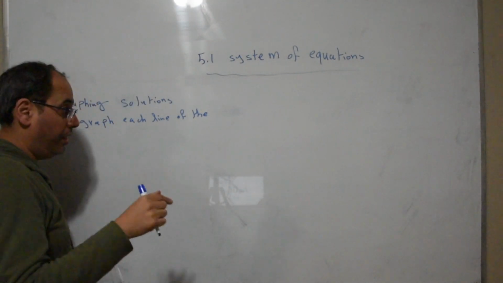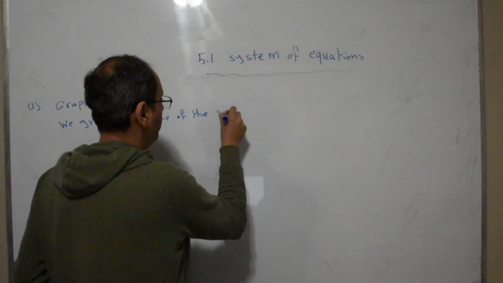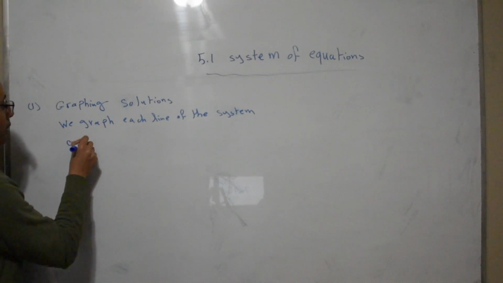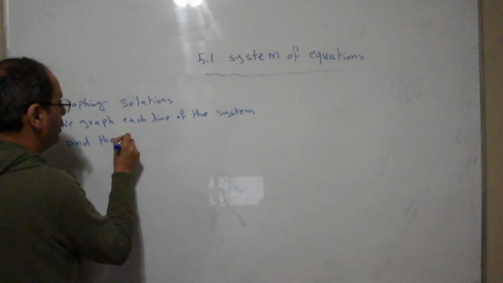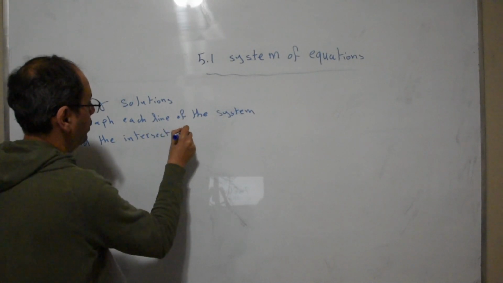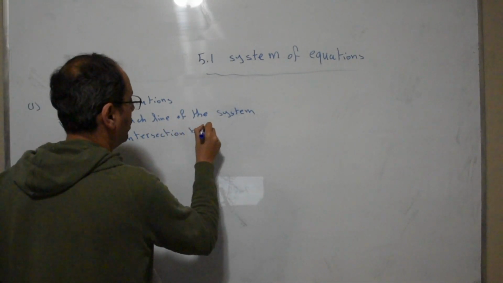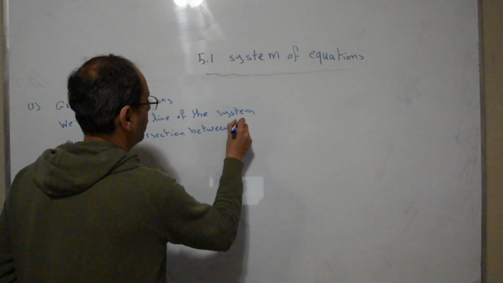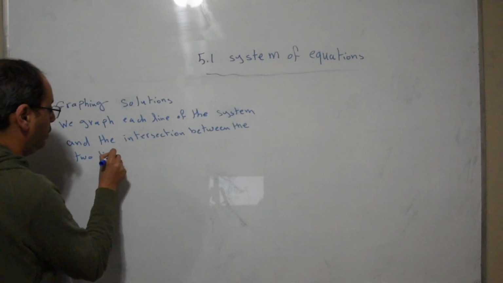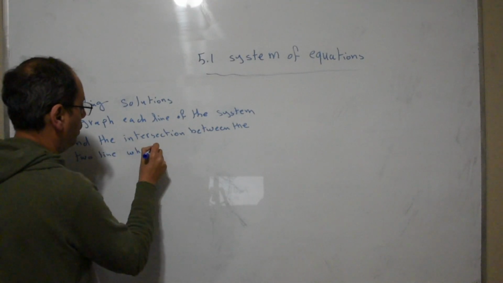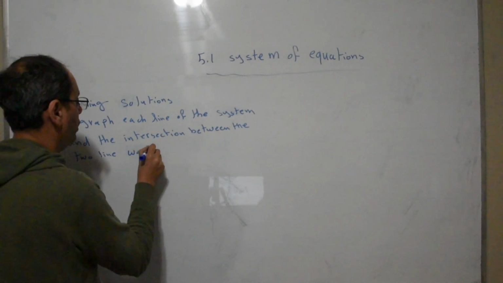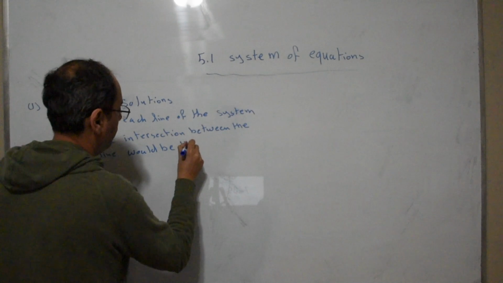Since each equation is a line of this system, the intersection between the two lines would be the solution.